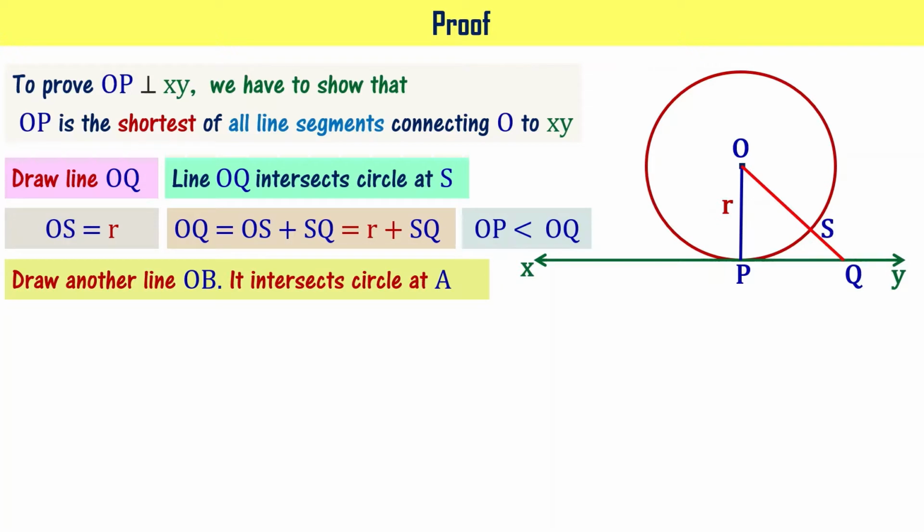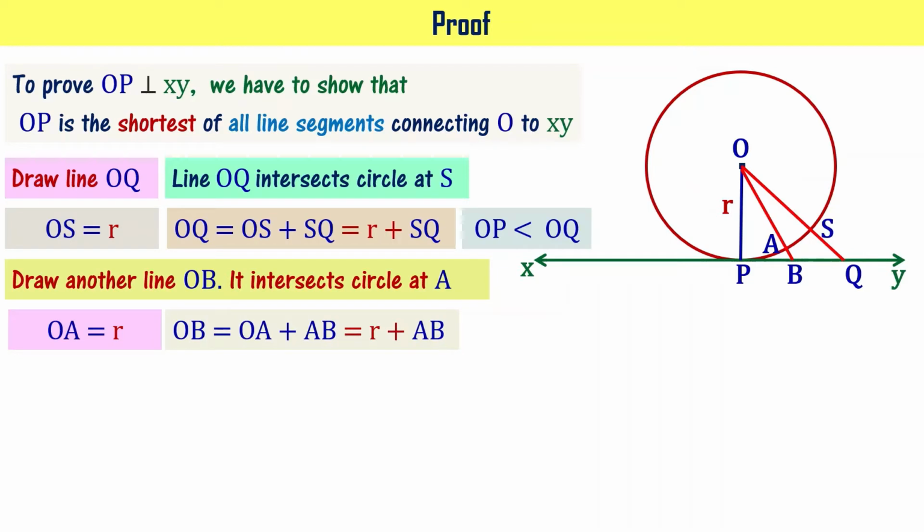It intersects the circle at point A. As you see here, OA is equal to the radius of the circle, so that OB can be written as R plus AB. Since there is AB extra, we can say that OP is smaller than OB, right?